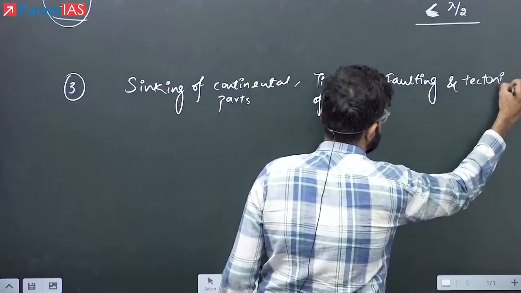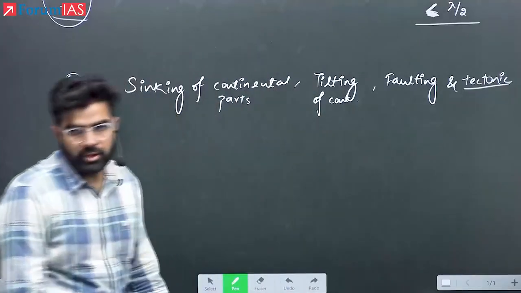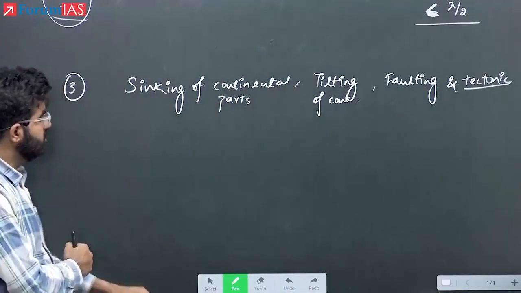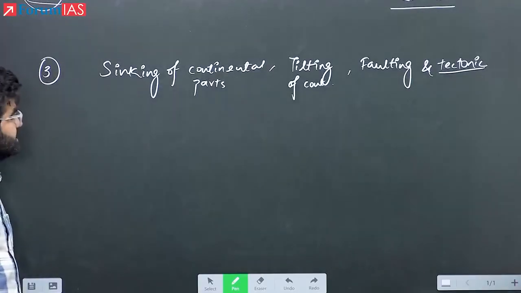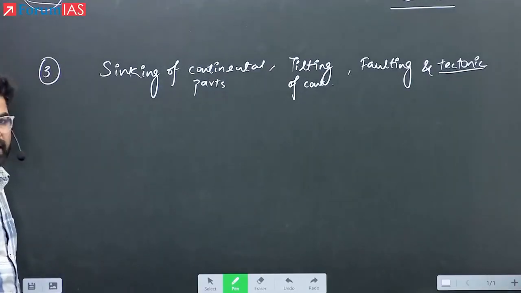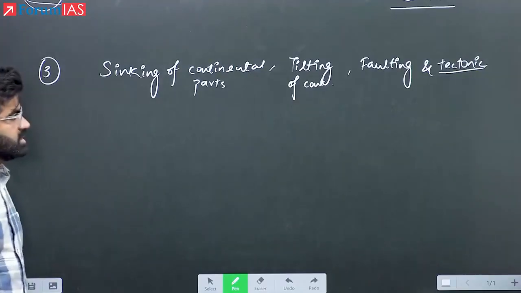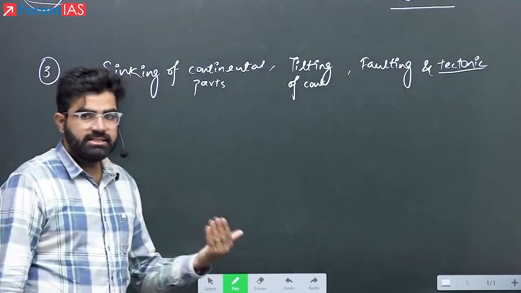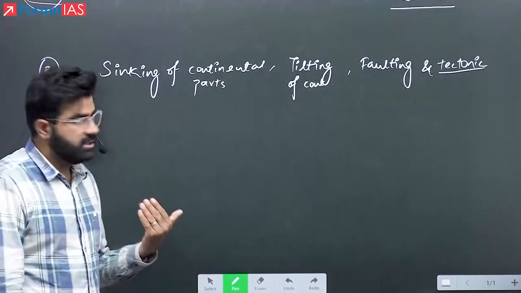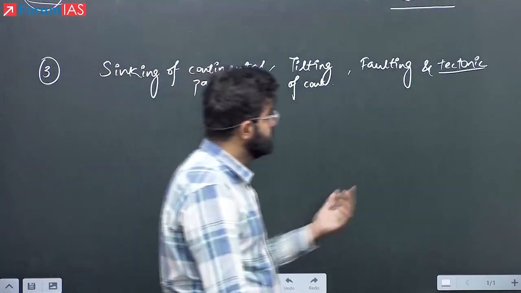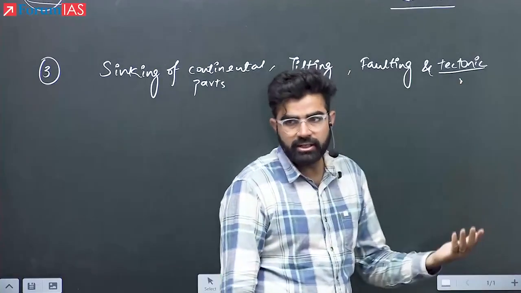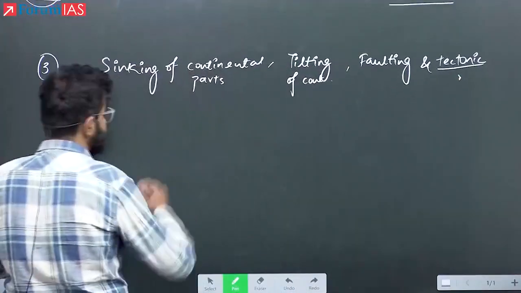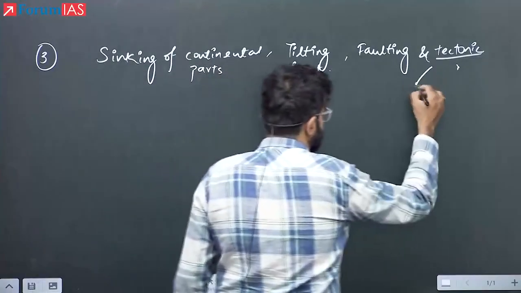By all these things also, the continental shelves can be created. Faulting, sinking, tilting, tectonic activity can also be responsible. For example, the wider continental shelves on the western side of India are nothing but the outcome of tectonic activity, the tertiary tectonic activity. So this is the third reason. You can give the example here.